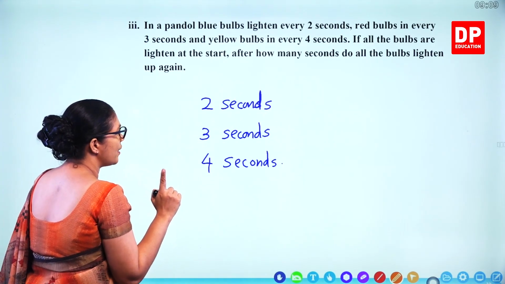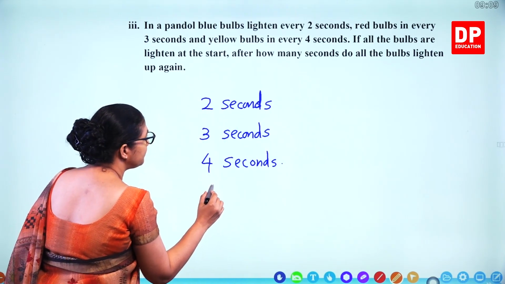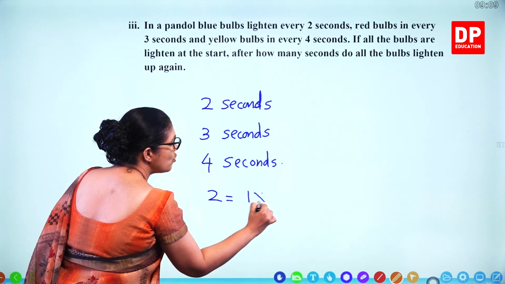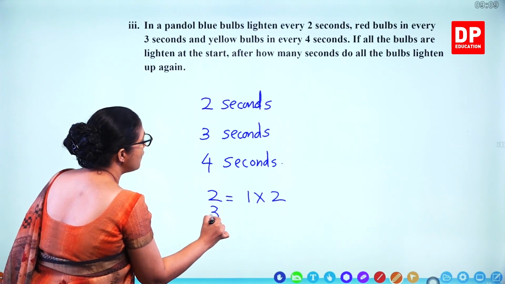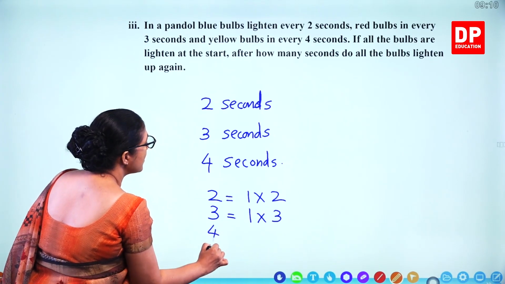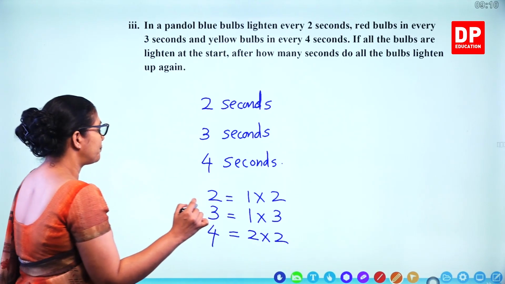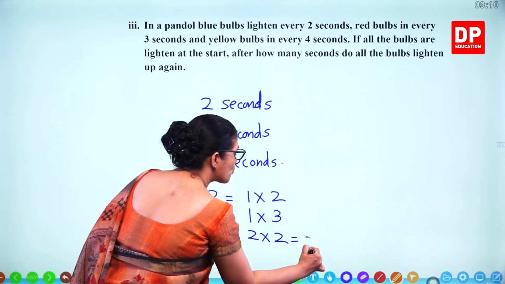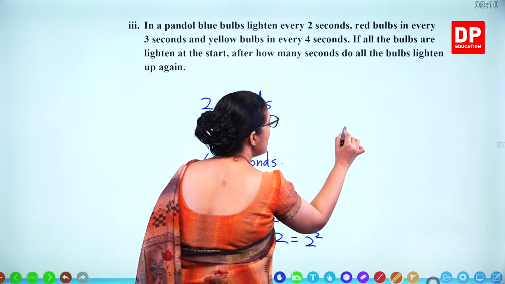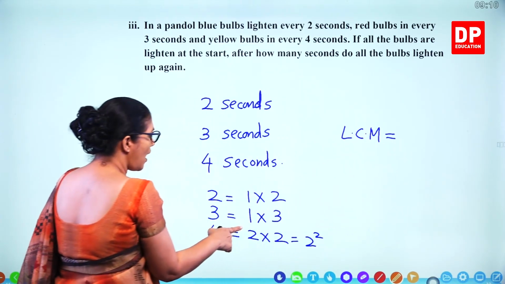Lowest common multiple. So if it's every 2 seconds, 1 into 2 are the factors. If it's every 3 seconds, 1 into 3. 4 seconds, that's 2 into 2. That's 2 squared. So you have to find out the lowest common multiple. Take the highest power.